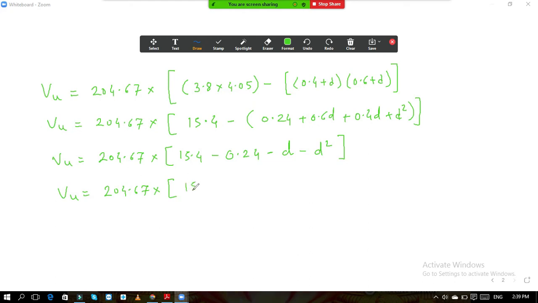So answer is 15.16 minus D minus D square. So now again multiply these terms by 204.67. So what is the answer? 204.67 multiplied by 15.16. So it is 3102.79 minus 204.67D minus 204.67D square. This is your equation number 1.